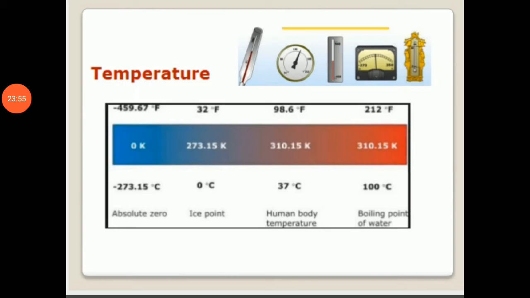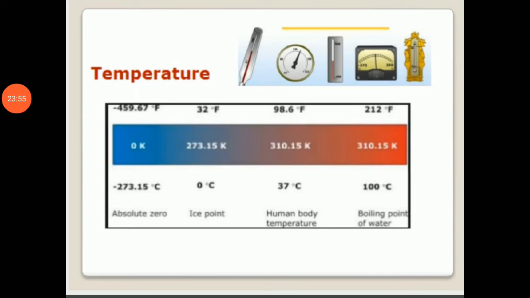For the temperature, if we discuss the temperature at 0 Kelvin, it is absolute zero, that is minus 273.15 degrees centigrade. In Fahrenheit, it is minus 459.67 degrees Fahrenheit at 0 Kelvin.